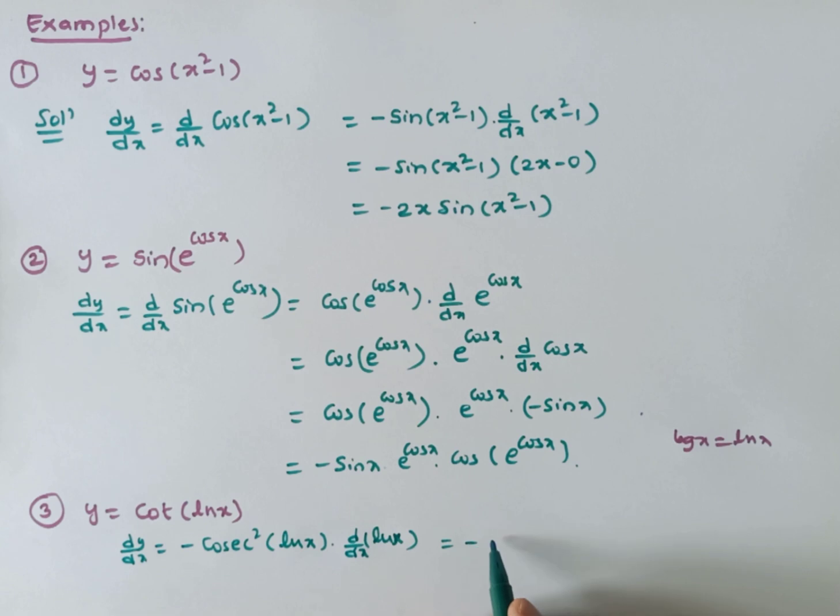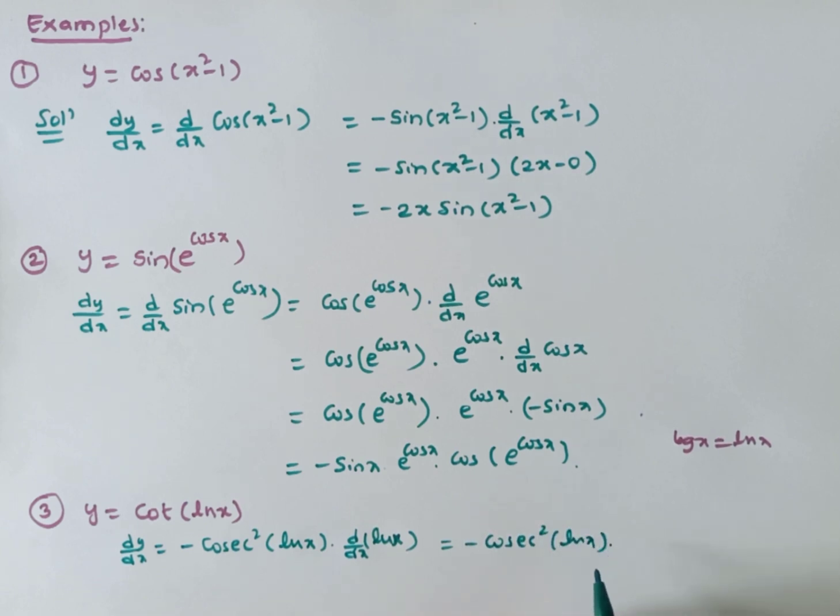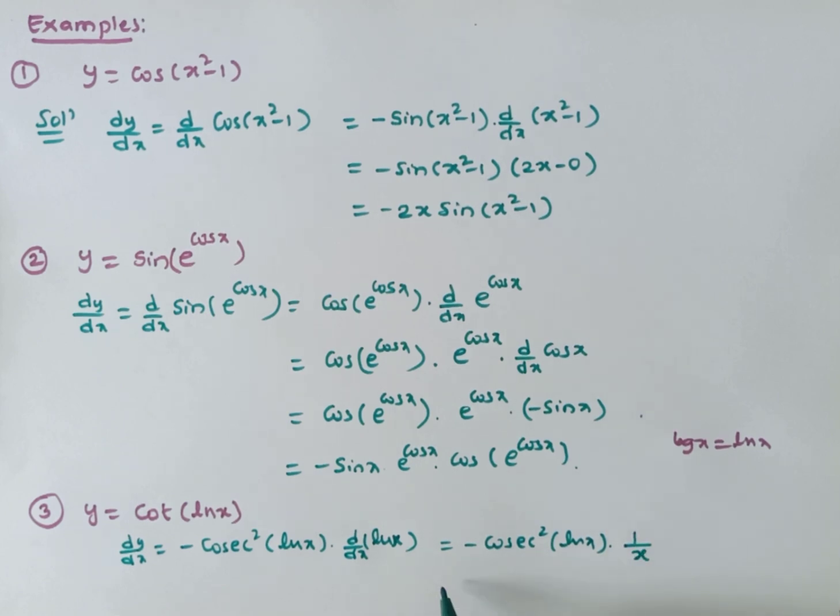So this is equal to minus cosecant square of ln x into the derivative of log x. The derivative of log x is 1 by x. So finally this is minus cosecant square of ln x, or log x, by x.